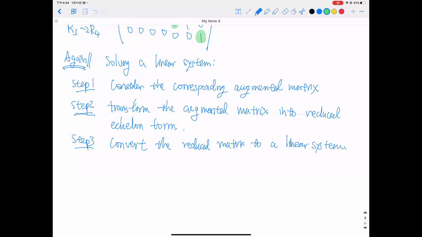And the point of doing all this is that this new system should be simpler but equivalent to the original system.